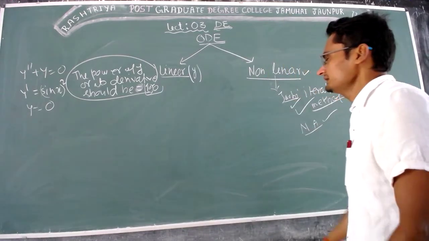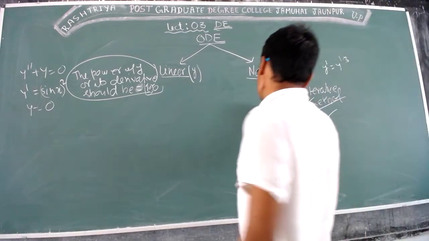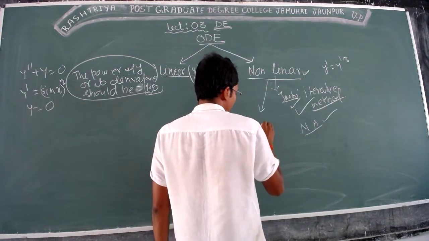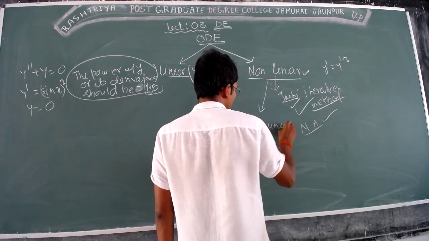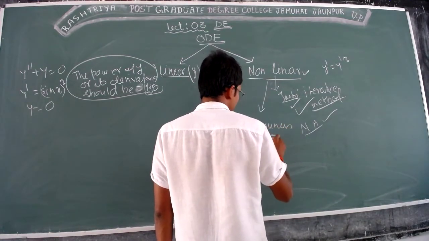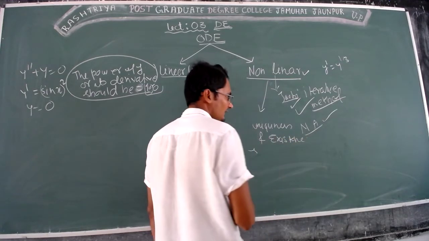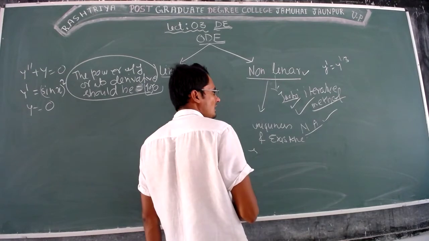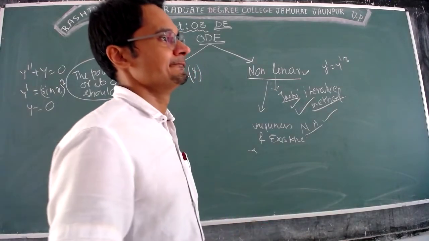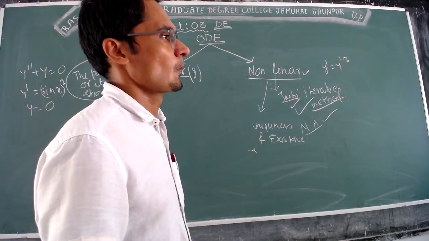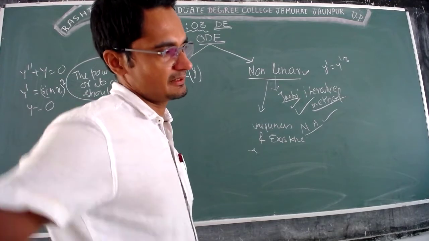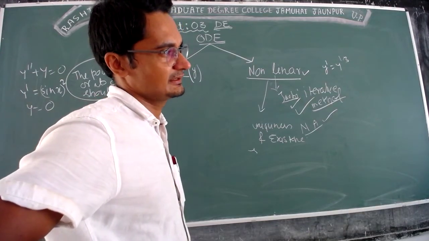We will look at one very important theorem: uniqueness and existence. There we will use f(x) minus f(y) equal to k times (x minus y).